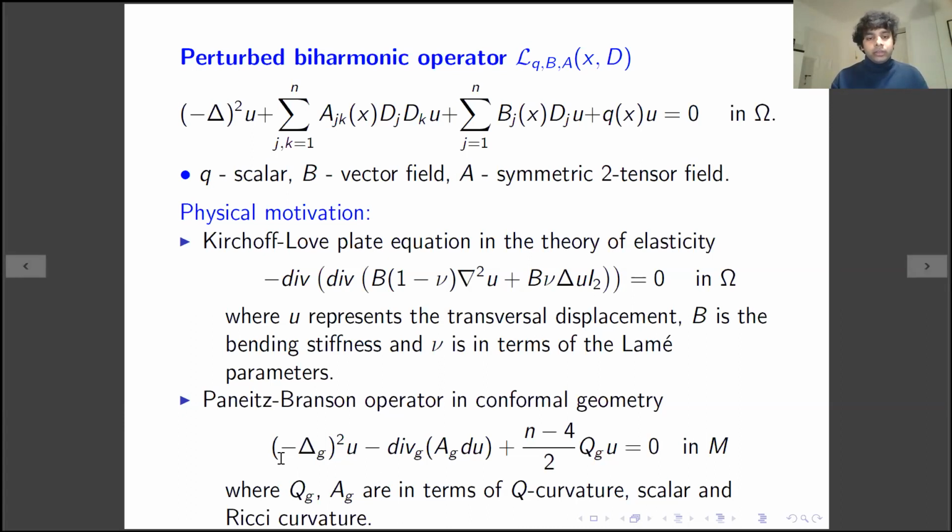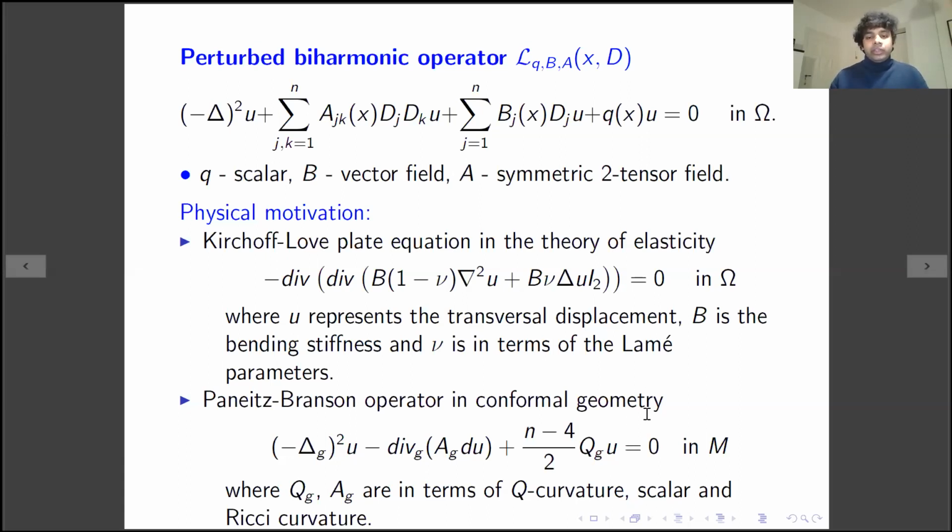So here is our fourth order equation. That's the leading term, and then we have the second order perturbation. Because of this divergence, this will give you the second order perturbation, and it will also give you some first order perturbation if we push the divergence through, and we have a zeroth order term.